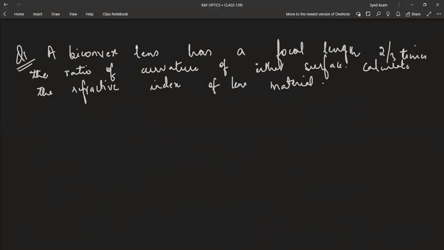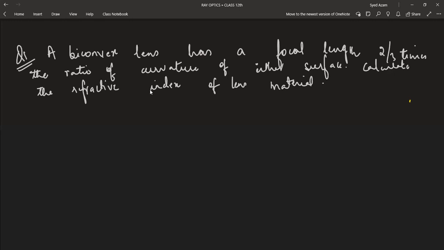Yes, class, please note down this question and tell me the answer. It says a biconvex lens has a focal length 2 by 3 times the radius of curvature of either surface. This basically says calculate the refractive index.